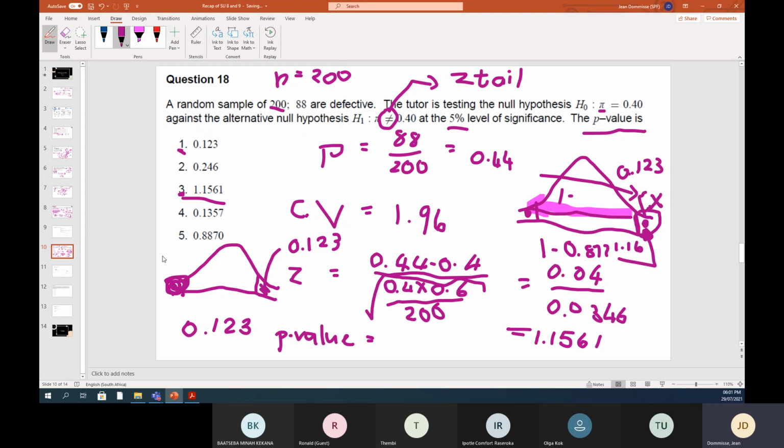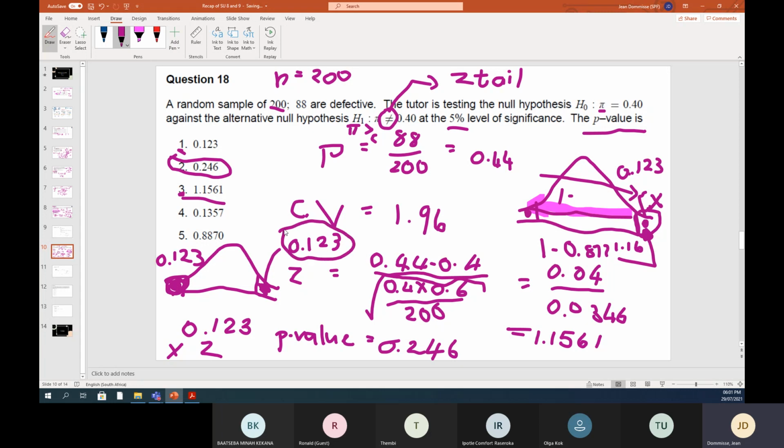So that part would also be 0.123. So when I look at the p-value, it is both that one and that one, which will give me 0.246. So remember, we're working with two-tail. Because it's two-tail, we basically need to multiply that by 2. If it was only that or smaller, then it would have been one tail, and then that would have been our answer.